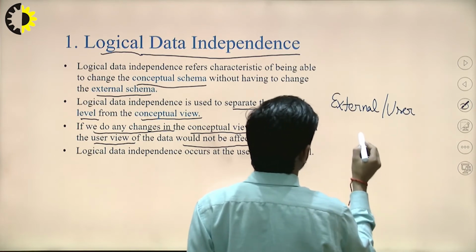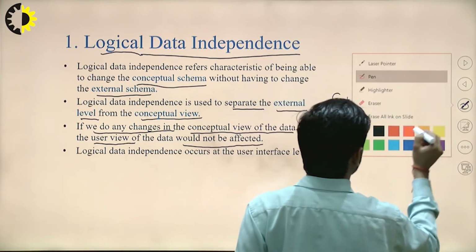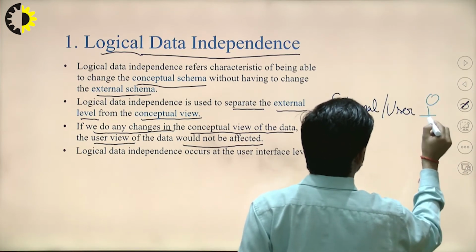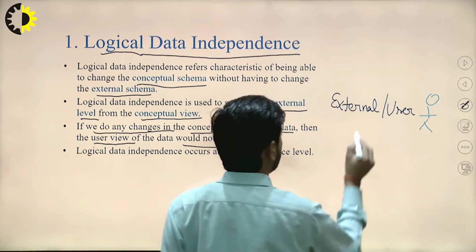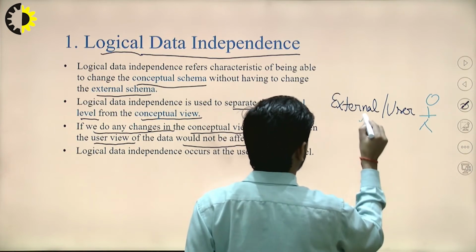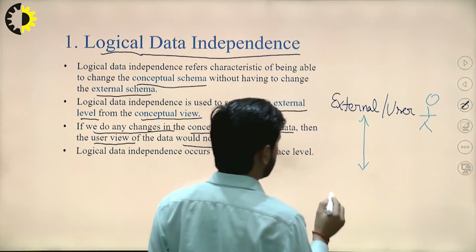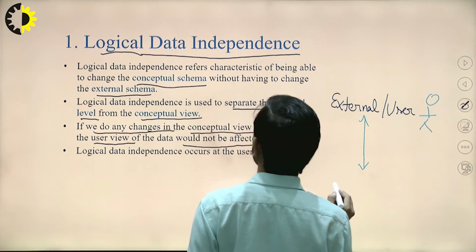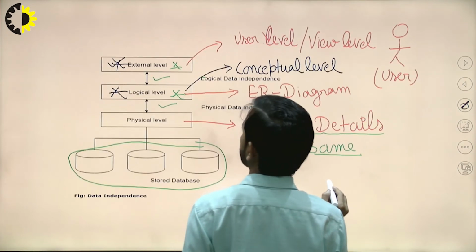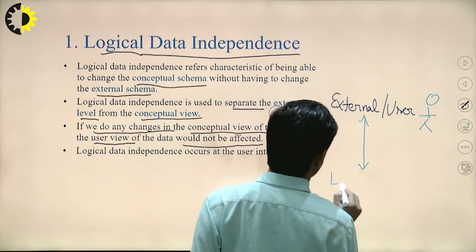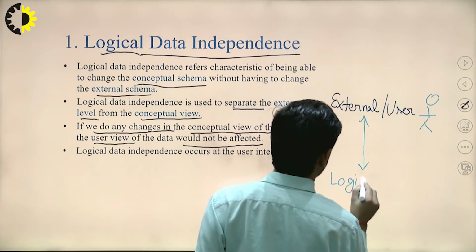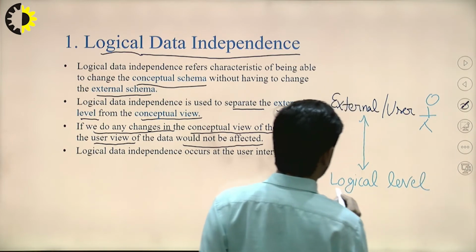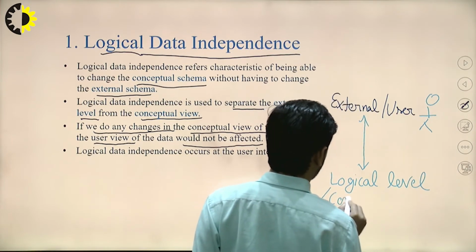Here the user can interact, and there is the logical level, or conceptual level.